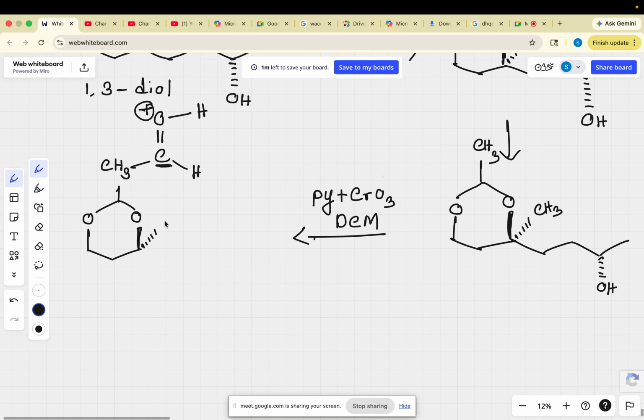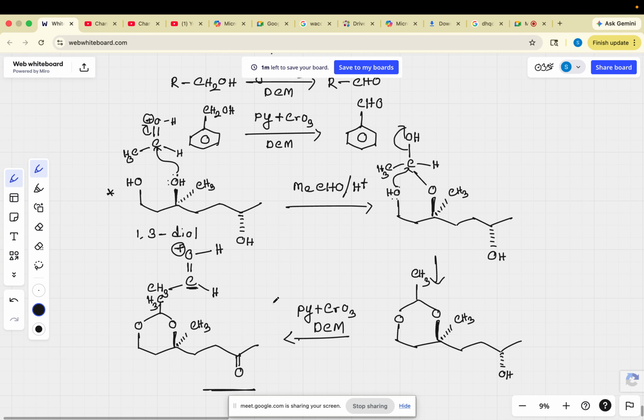The secondary alcohol will oxidize to what? Ketone. The secondary alcohol will oxidize to ketone. Clear? Any doubt? This is your protection step.